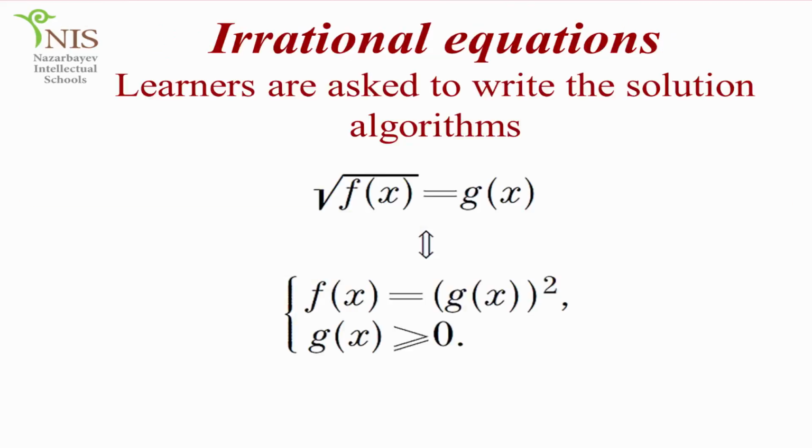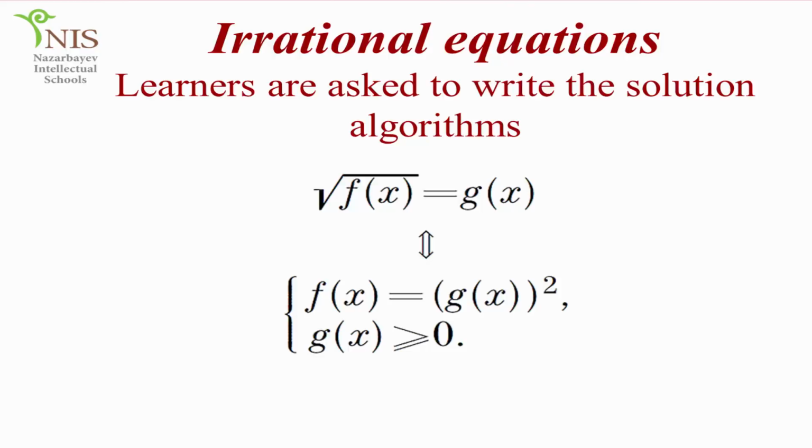Now let's talk about the irrational equations. Here, learners are asked to write the solution to the algorithms. So, by solving all these equations, they will come up with a conclusion, and they should be able to make the statement that square root of f of x is equal to g of x.